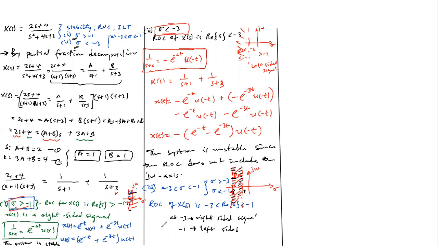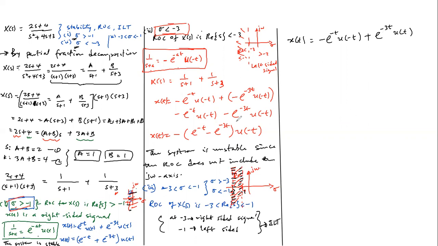So this information is sufficient to derive our inverse Laplace transform, such that S of t is a combination of, left-sided at minus 1, so we're going to have minus e to the minus t, u of minus t, plus, at minus 3 it is right-sided, so it's going to be e to the minus 3t, u of t.